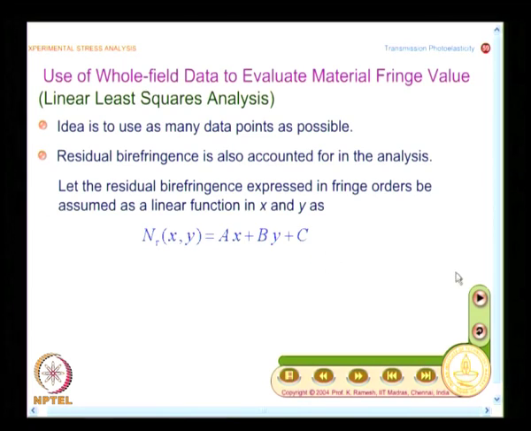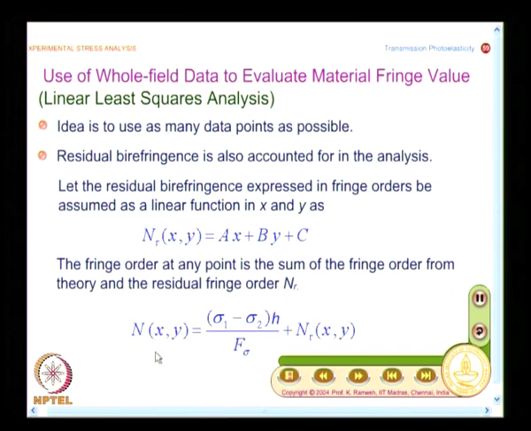So, now what I am going to do: we already have an analytical expression for the value of fringe order at a point of interest when x and y are specified. To that you need to add a residual birefringence N_R(x, y). That is how we will recast the basic equation.